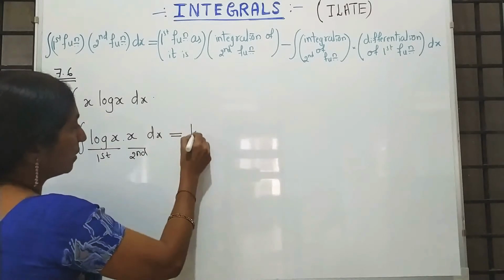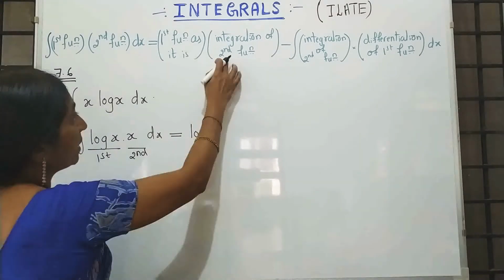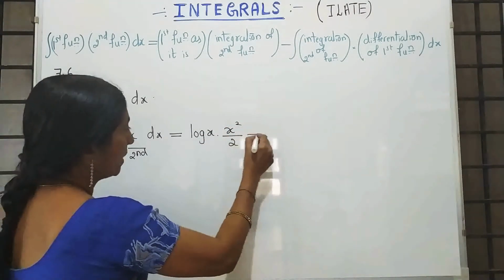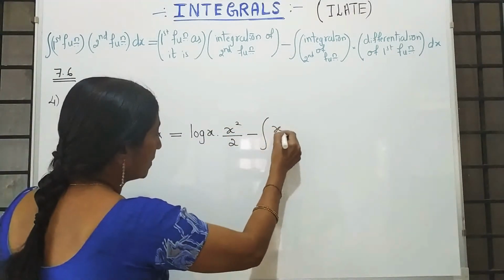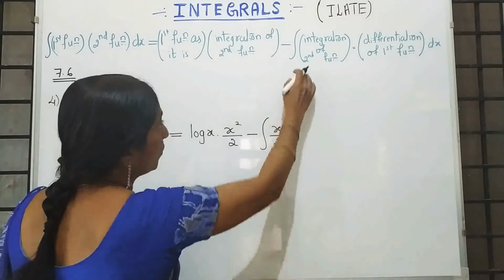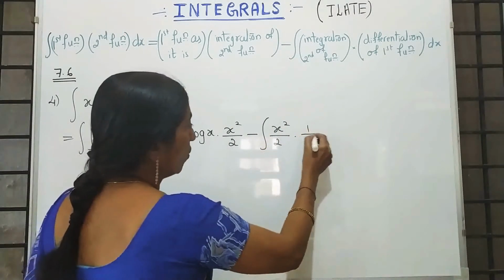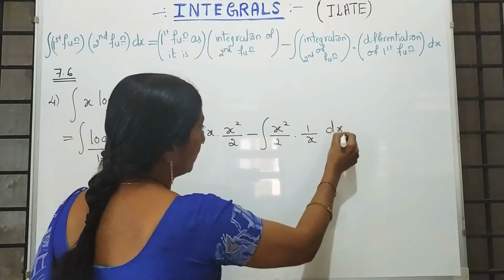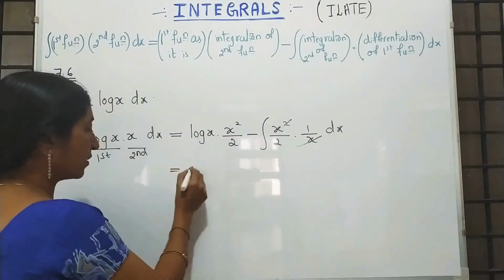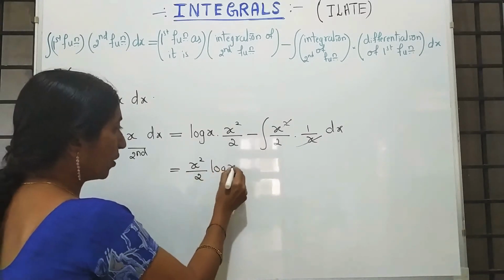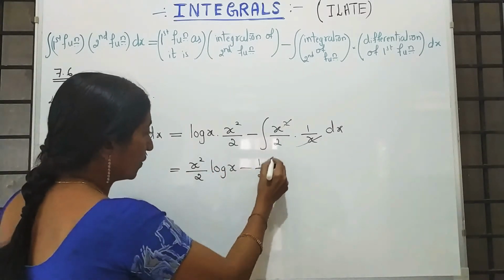First function as it is, integration of x is x square by 2, minus integration sign. Just we are writing x square by 2 because it is the integration of the second function. Differentiation of the first function, log x, is 1 by x. This x is cancelled with this. This is x square by 2 into log x minus 1 by 2, constant.